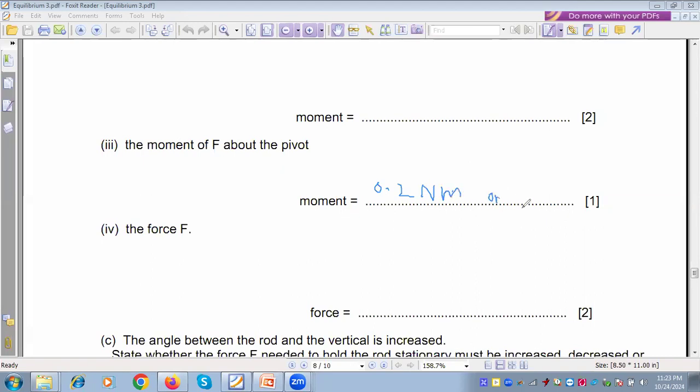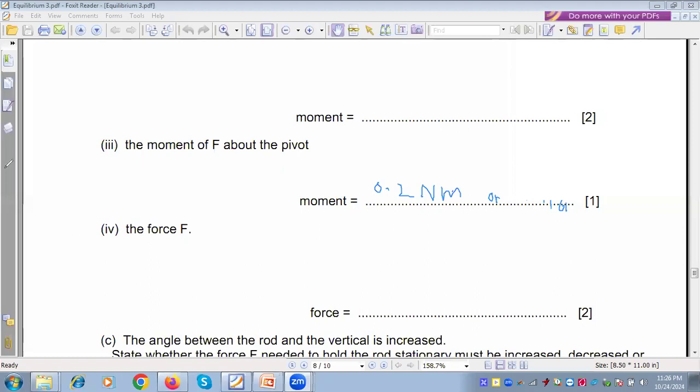We have to calculate the value of F here.